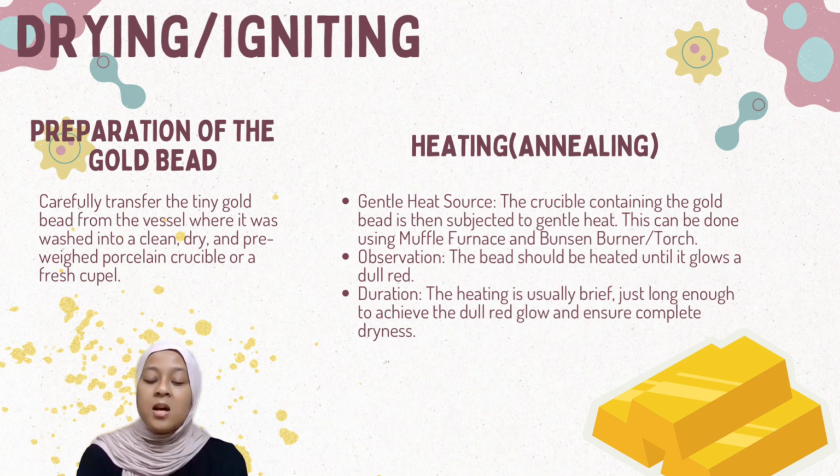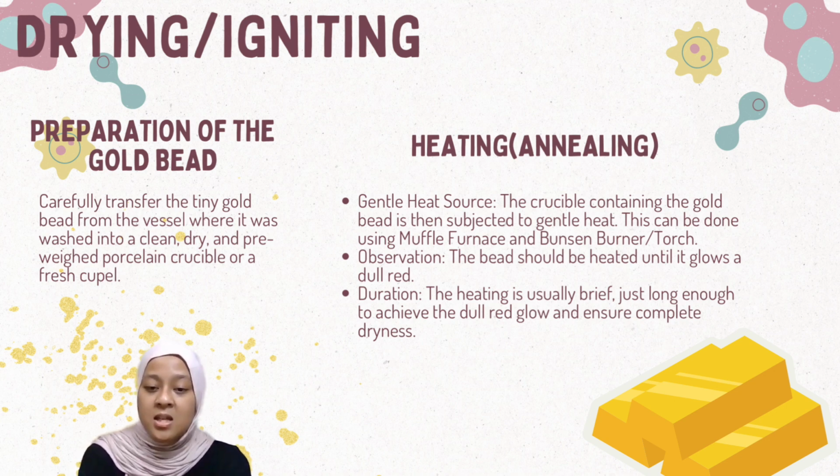Second is heating, or annealing. Gentle heat source. The crucible containing the gold bead is then subjected to gentle heat. This can be done using two methods. The first is a muffle furnace: placing the crucible into a preheated muffle furnace set to a moderate temperature, typically around 600 to 800 degrees Celsius, well below gold's melting point of 1064 degrees Celsius.